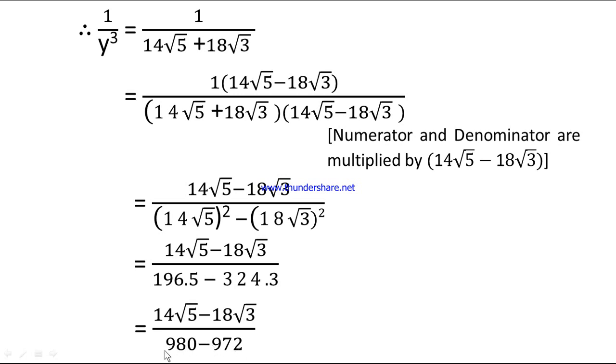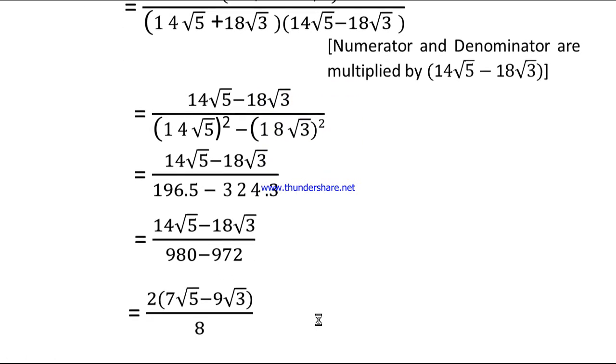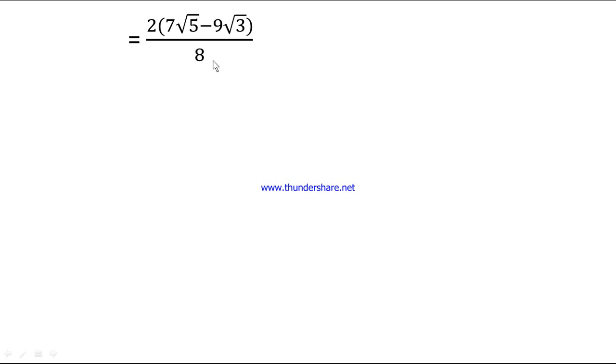And now we have to subtract 972 from 980, and the result will be 8, and in the numerator I have taken 2 common, and the remaining part will be 7 root 5 minus 9 root 3.